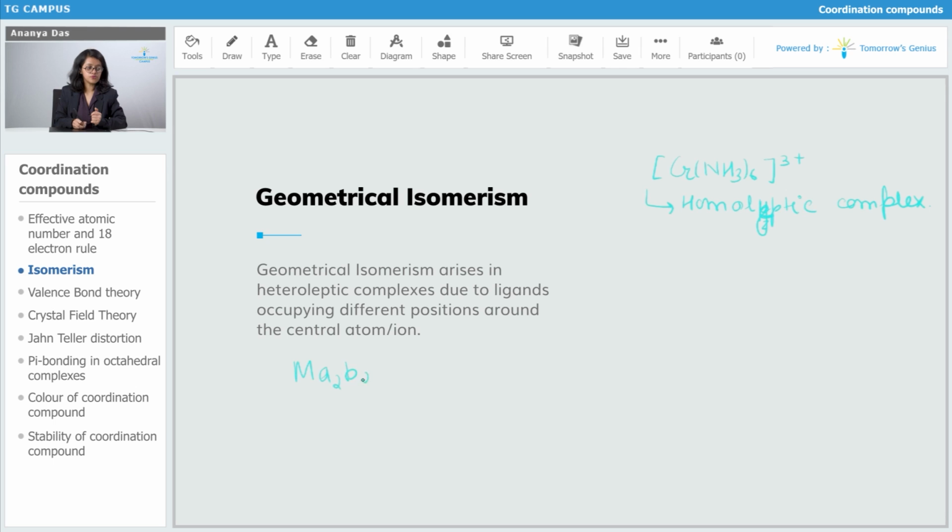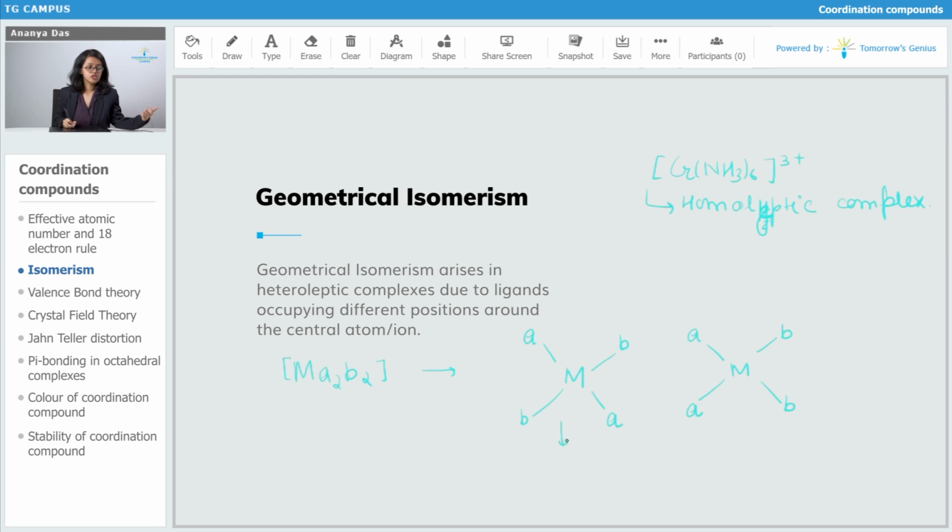A2B2, it's a square planar complex, coordination number is 4. So, what can happen, either the A can be present opposite to A and the B can be present opposite to B, or the A can be present opposite to B and the B can be present opposite to A. So, this is what geometrical isomerism is.